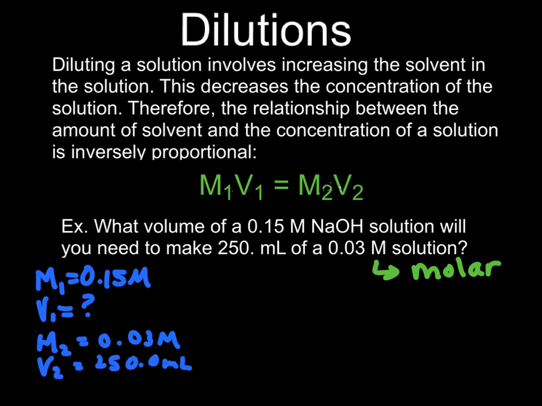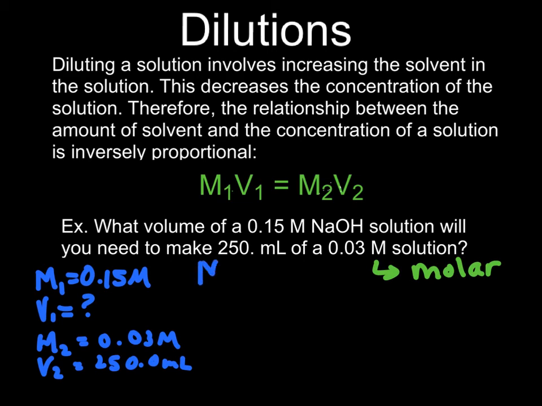The beauty of dilutions is the unit of volume does not matter, again, as long as it's the same on both sides. You can be in milliliters or you can be in liters, but both volumes have to have the same unit. Now this becomes a plug and chug situation.